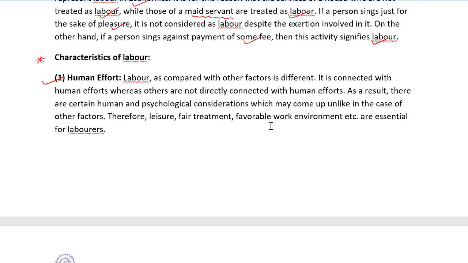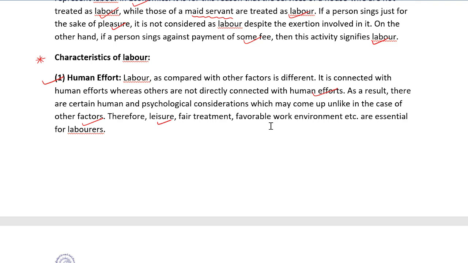Let us see the text. So labor as compared to other factors is different. It is connected with human effort, while others are not directly connected with human effort. As a result, there are certain human and psychological considerations which may come up unlike in the case of other factors.